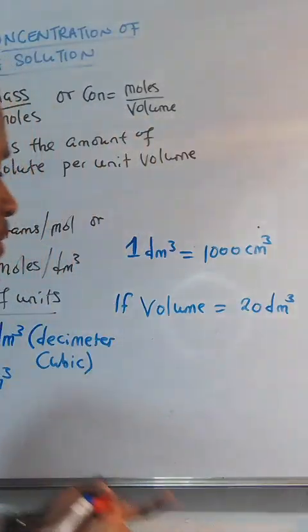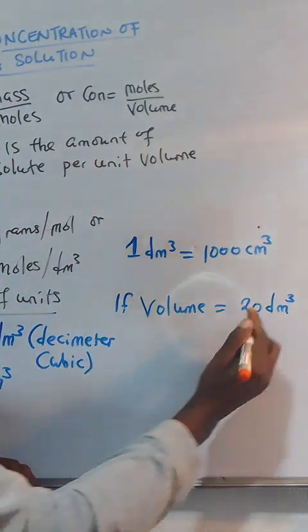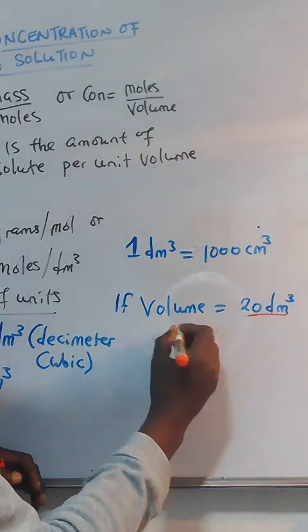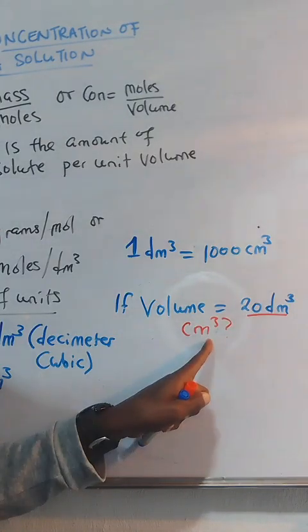So we know that 1 decimeter cubed equals 1,000 cubic centimeters. Now we want to convert this to cubic centimeters.